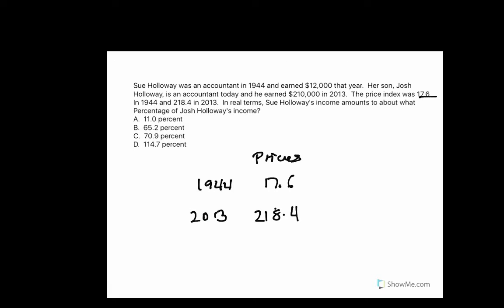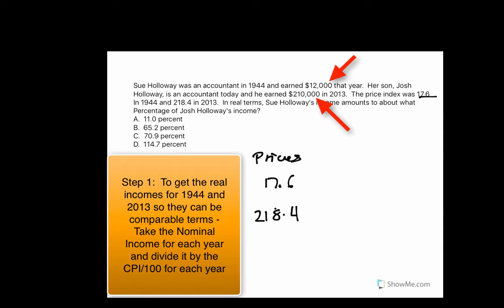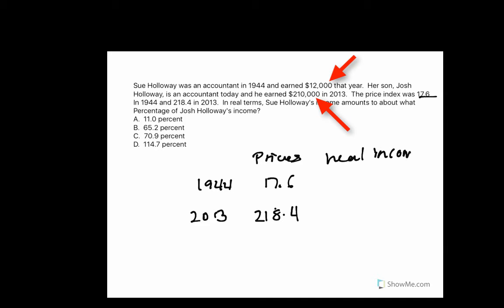Okay, so these were the price levels in 1944 and 2013, and we're trying to convert these incomes, 12,000 and 210,000, into a single year's value of currency. So I'm going to call this real income, and I'm going to take their nominal income, which is 12,000 in this case, and in this case it's 210,000.